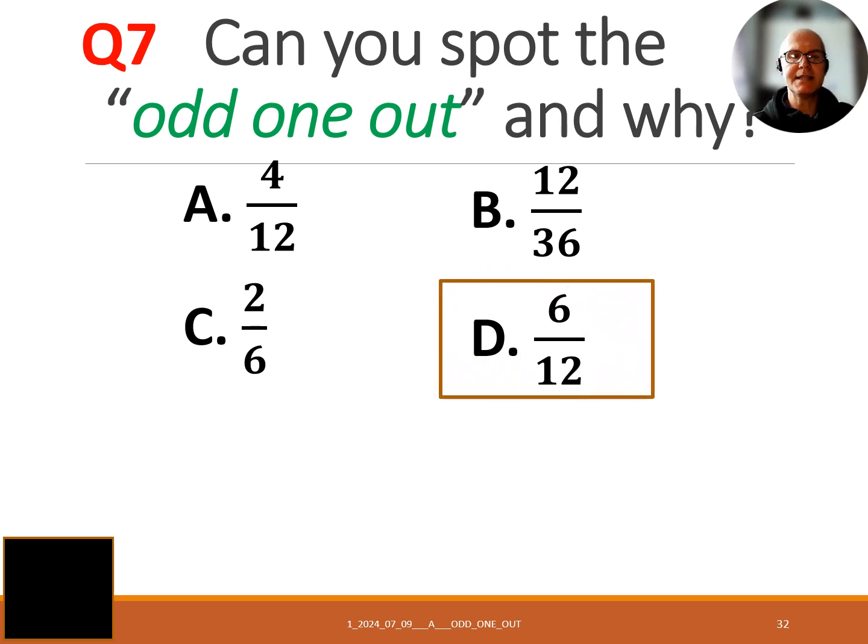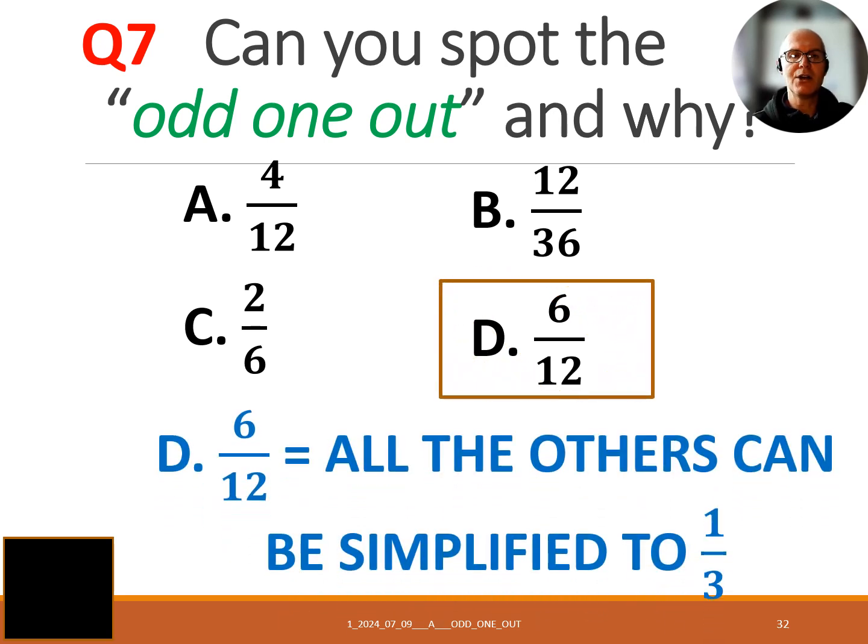The answer is D, 6/12, and the reason is all the others can be simplified to 1/3. 4/12, 12/36, and 2/6 can all be simplified to 1/3.